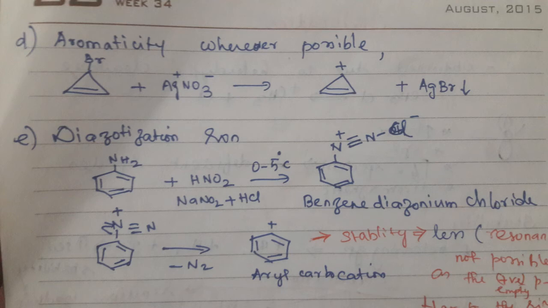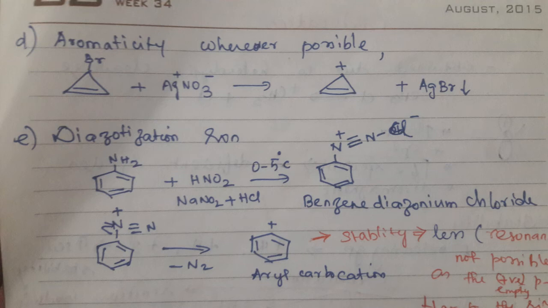For example, here cyclopropyl bromide reacts with AgNO3 and gives a carbocation, that is, cyclopropyl carbocation is generated. So wherever there is a possibility of getting aromaticity, we can expect the carbocation formation.